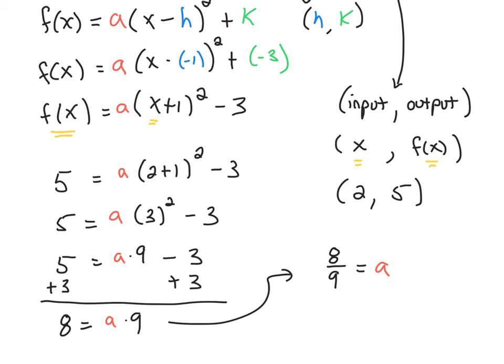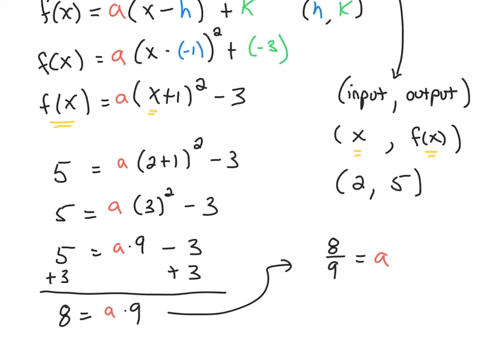And what I'm going to do is look back up towards the top, at this right here where I had my whole equation. I had this f of x equals a times (x plus 1) squared minus 3. And I'm just going to put my value in for a. So I have down here a is equal to 8 over 9. I'm going to plug this in for a.